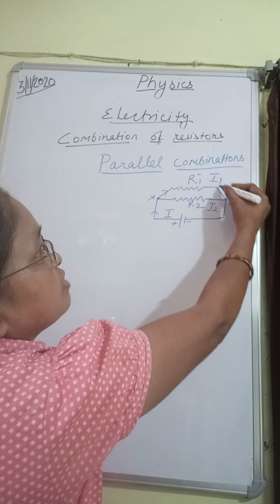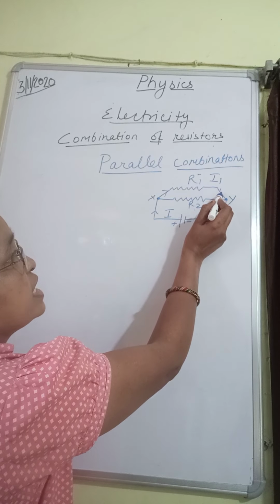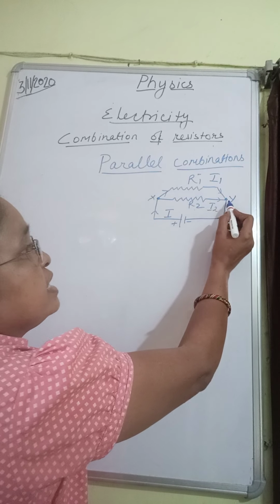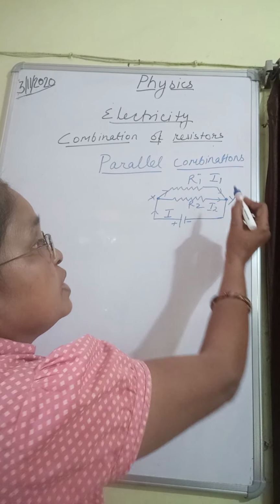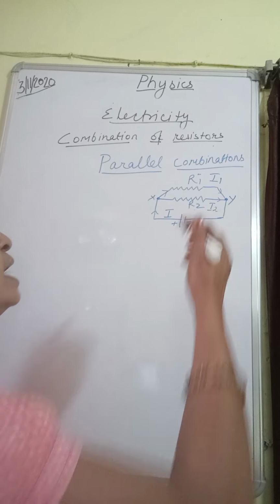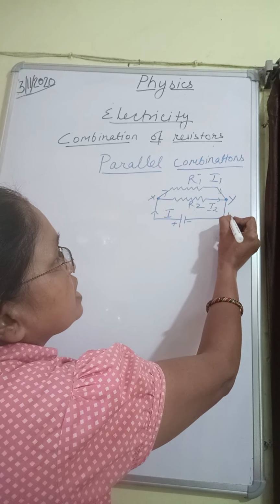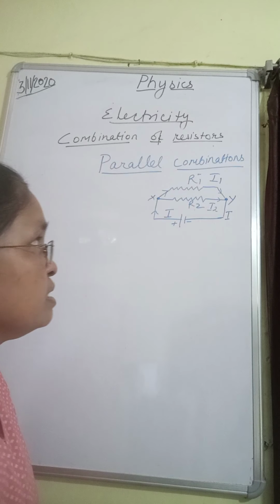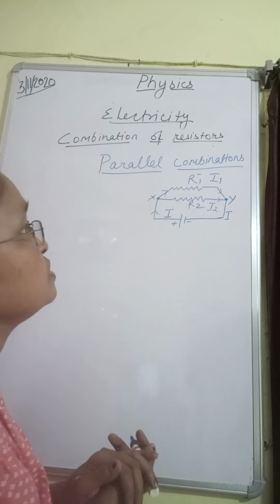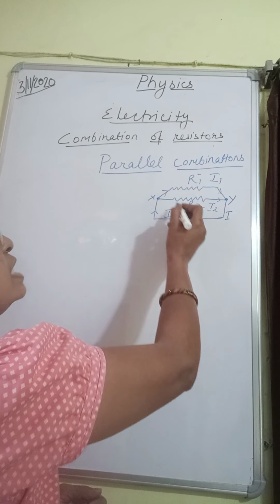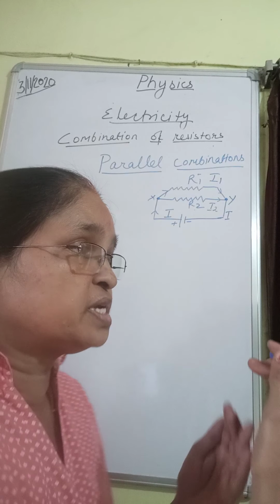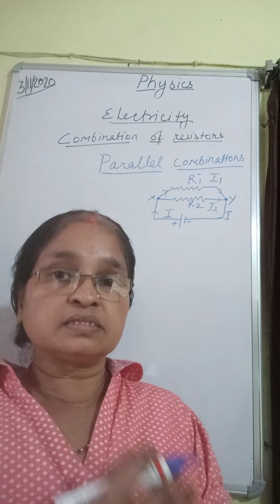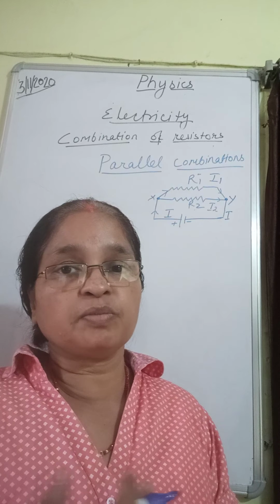I1 is coming from this direction, I2 is coming from this direction, and I1 and I2 both combine at the common point Y, and again in the circuit you will get I. So what changes are we getting? I divides in two parts because I have taken two resistors. If I take three resistors, then it divides in three parts, four parts.